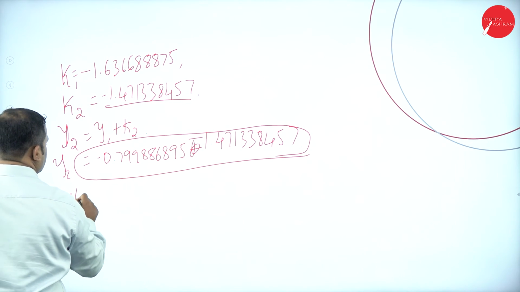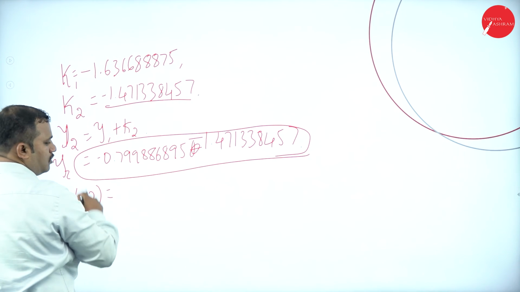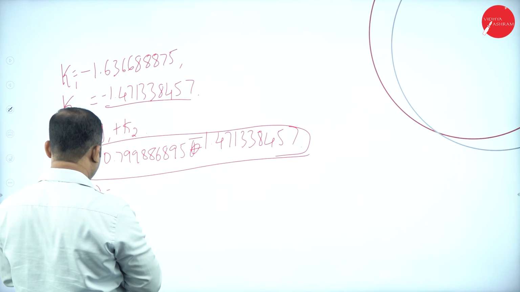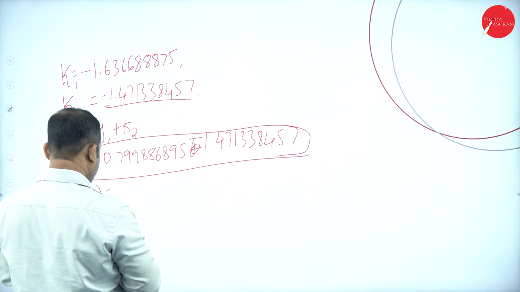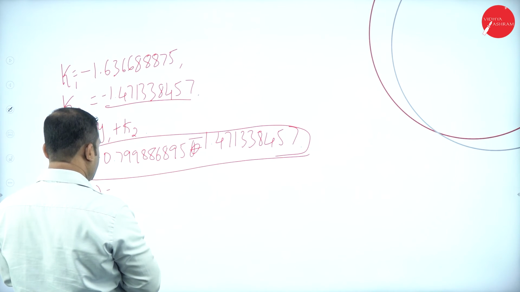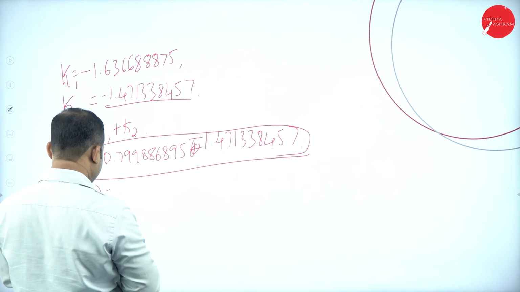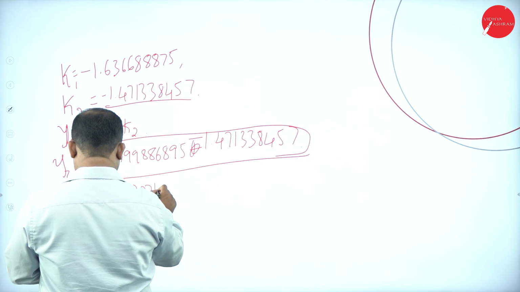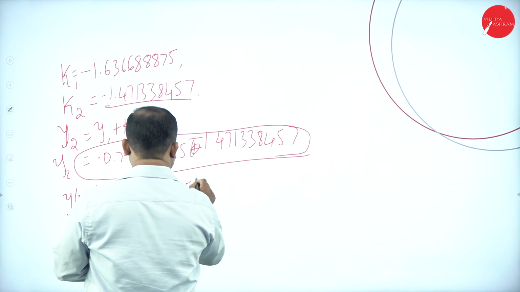That is y of 0.2 is equal to, let me simplify this term, minus 0.799886895 minus 1.4713388457, which is equal to minus 2.271225352.